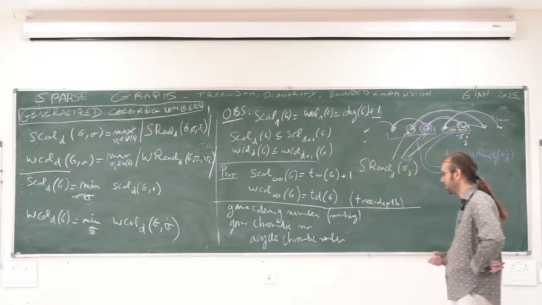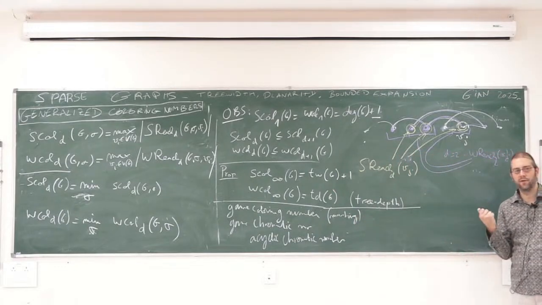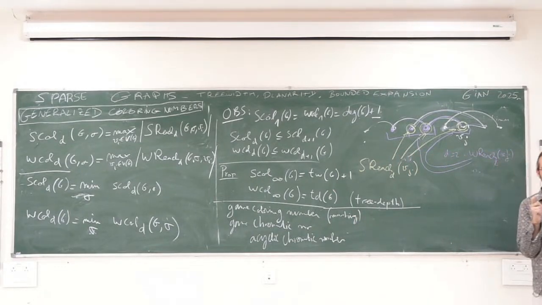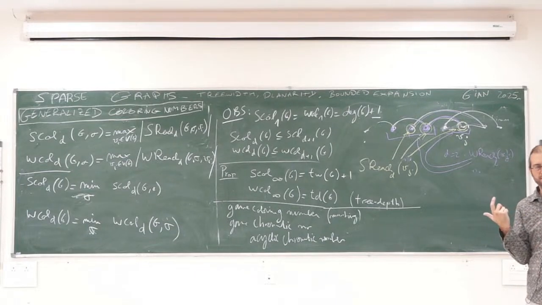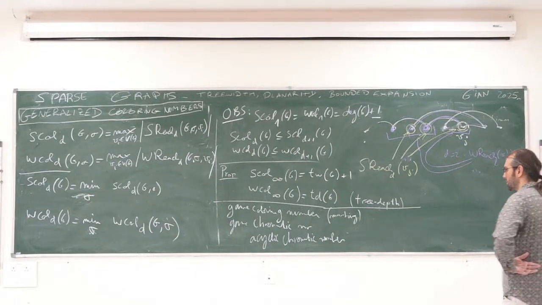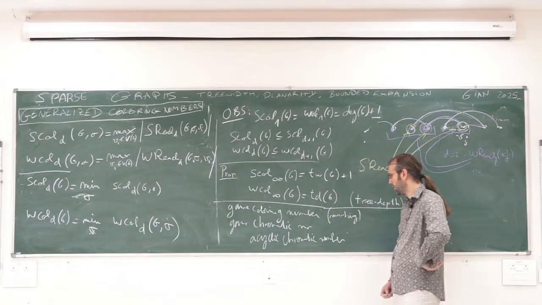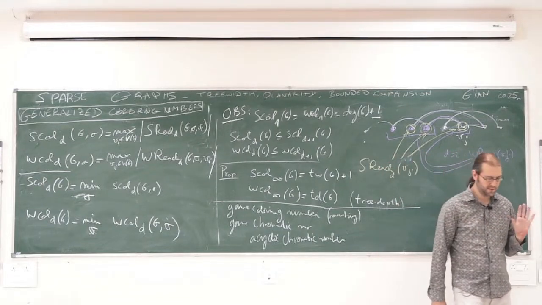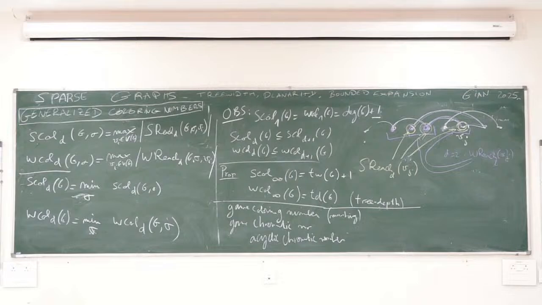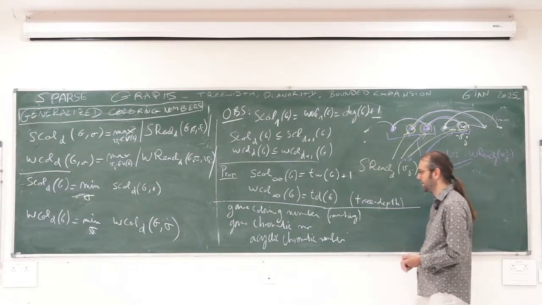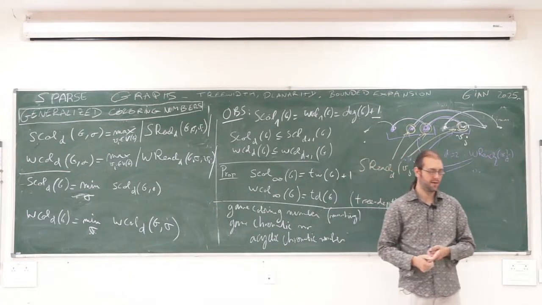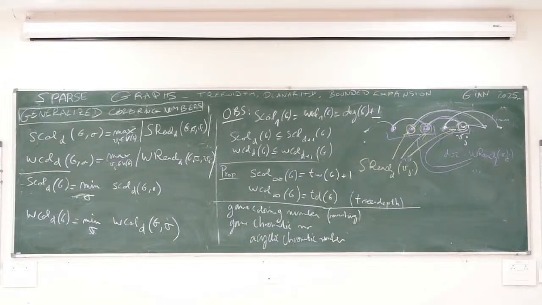What's the acyclic chromatic number? We take a coloring, but any two color classes should induce a forest. So it's a restriction of the normal proper coloring. In proper coloring, every color class is an independent set. Now you take two color classes, which should also have a nice property: they should form a forest. You can see this as any one color class having treewidth 0, and any two color classes having treewidth 1.